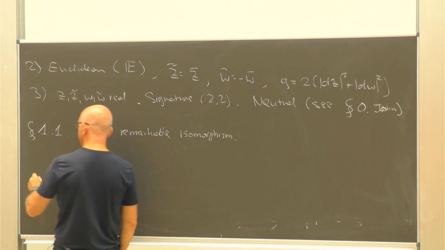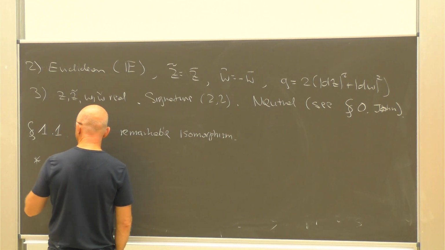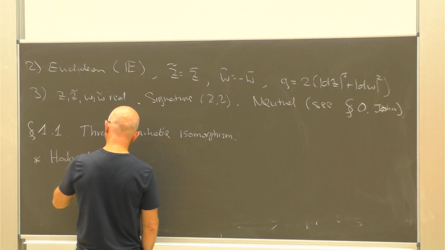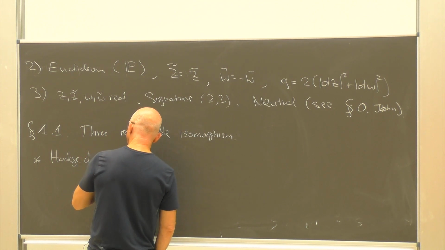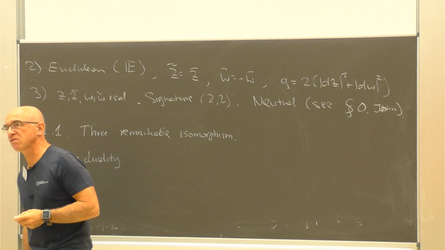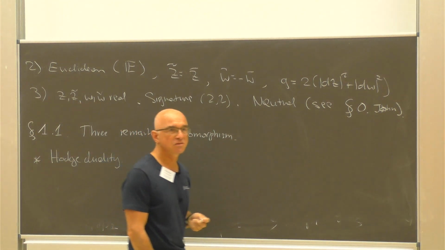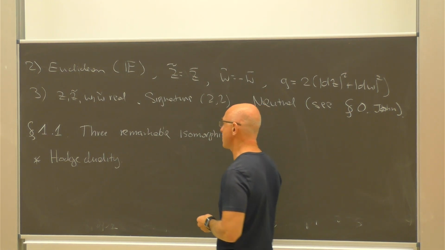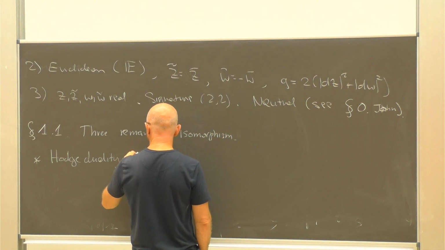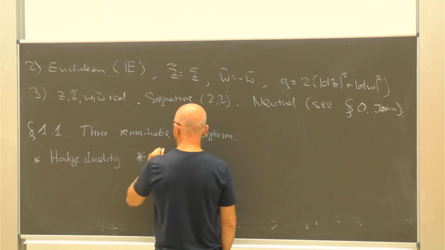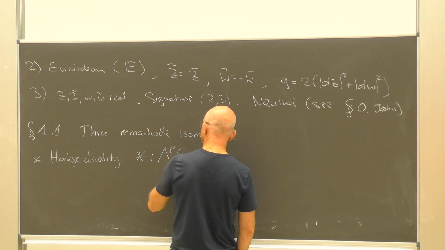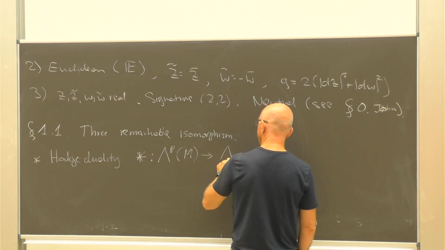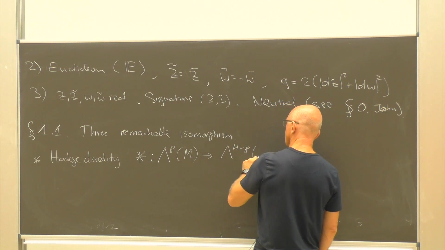The first one is to do with Hodge duality. See, we have a metric and we have a volume form. We can define an endomorphism on the space of differential forms of any degree, called Hodge dual, star, and that maps p-forms on M in our context to 4 minus p forms on M.